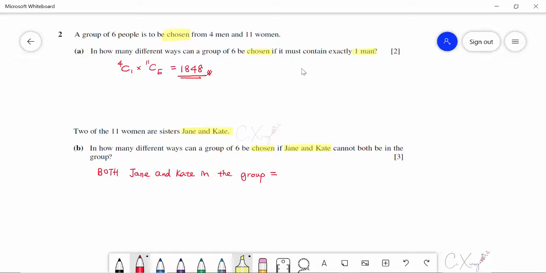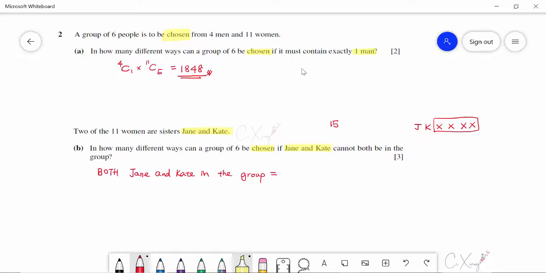Okay, and for this question, they actually didn't tell you how many men and how many women they need to have for this group. So we assume that the gender is not important. Okay, so we are having 15 people originally, and then we already include Jane and also Kate in the group, right? So you still need to pick another four members, four persons to become the members in the group.